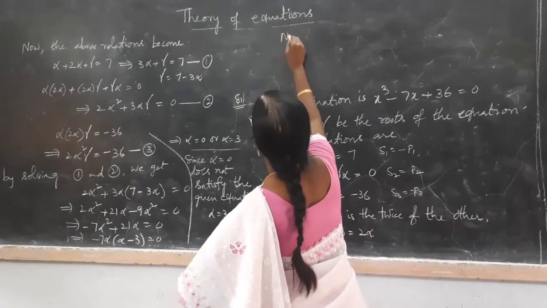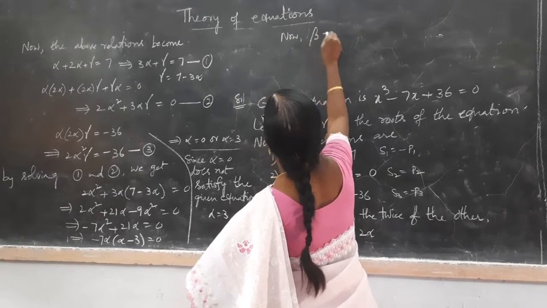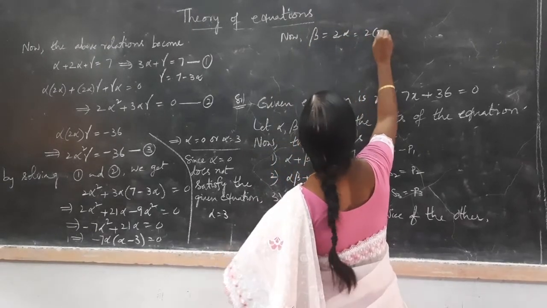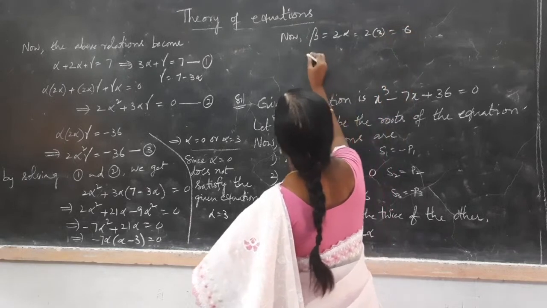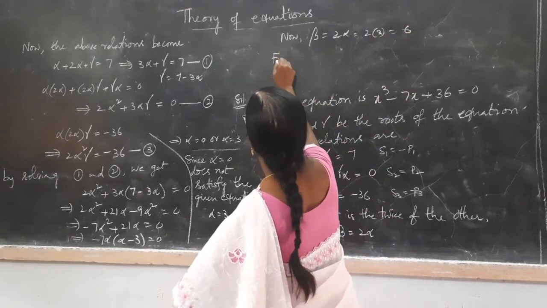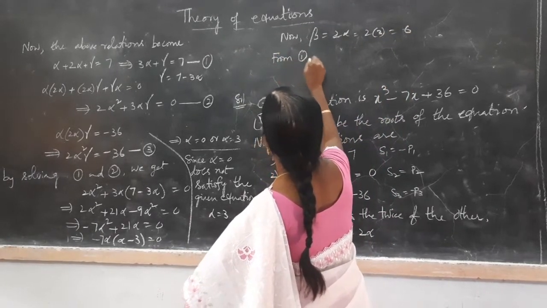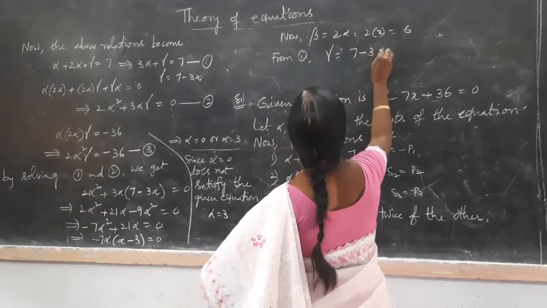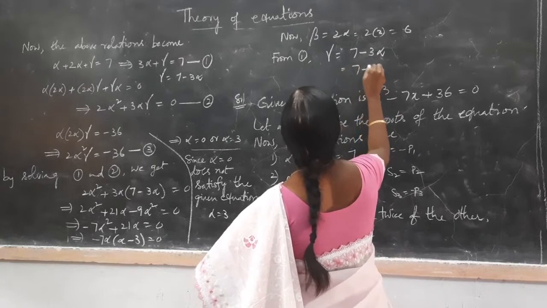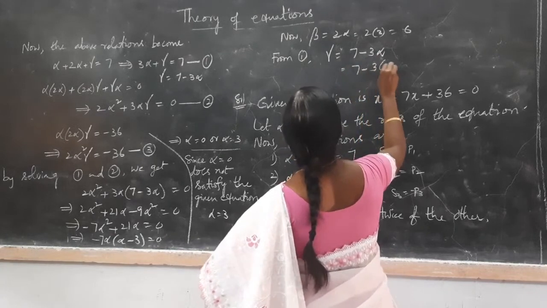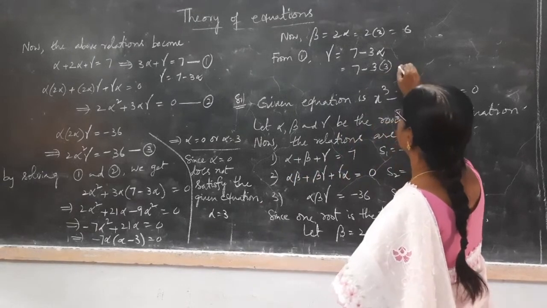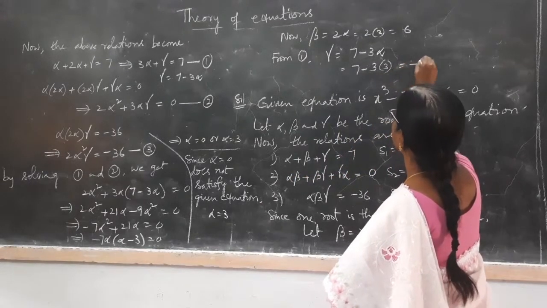Now beta is equal to 2 alpha, that is equal to 2 into 3, 6. From equation number 1, gamma is equal to 7 minus 3 alpha, that is 7 minus 3 into 3, 7 minus 9, that is minus 2.